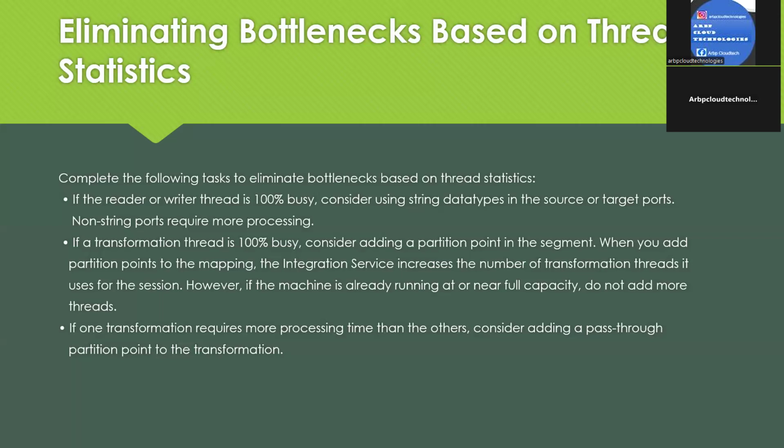Okay? If one transformation requires more processing time than others, then consider adding a pass-through partition. There are multiple partition types, and I will explain that part in detail. But here you can just understand, suppose any transformation requires more processing time and you have multiple pipelines, then on that side you need to add a pass-through partition point to the transformation.